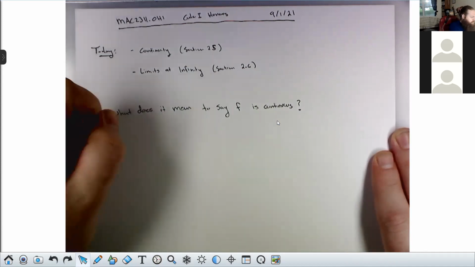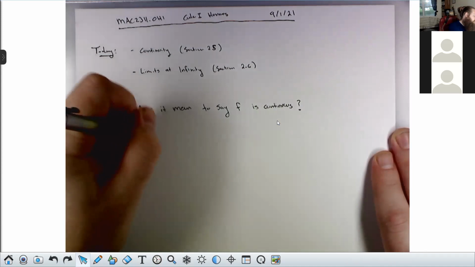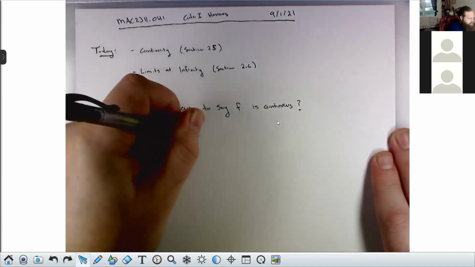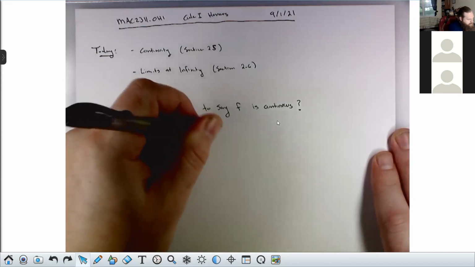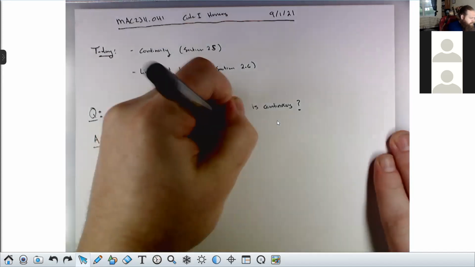Good. No gaps, breaks in the graph. That is our intuitive notion of what continuity is. No gaps or vertical asymptotes, no breaks. The graph is one connected piece.